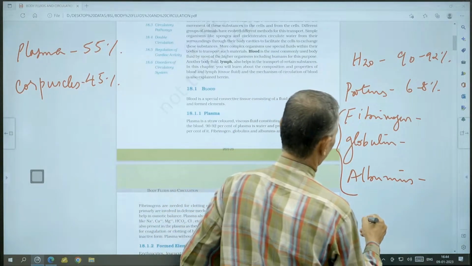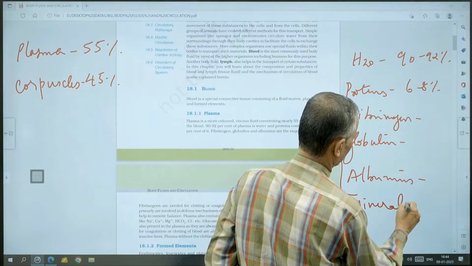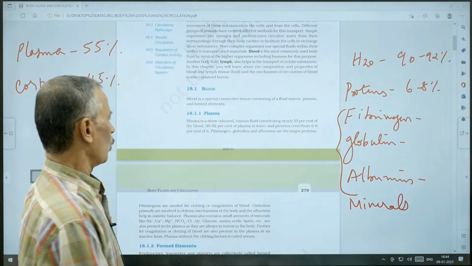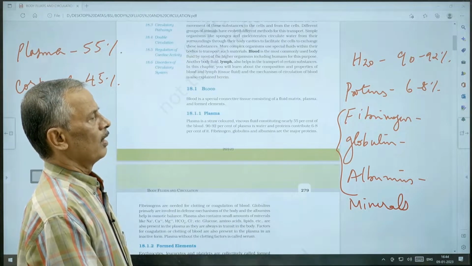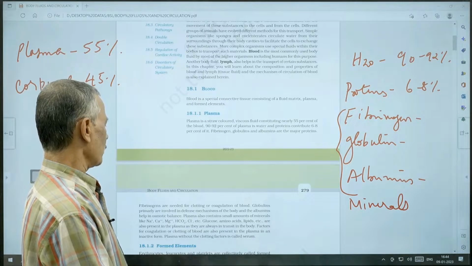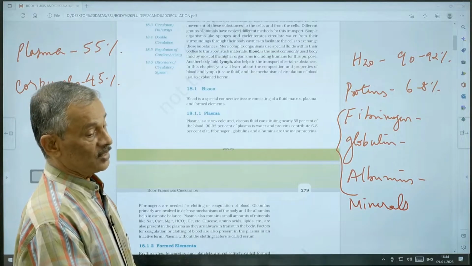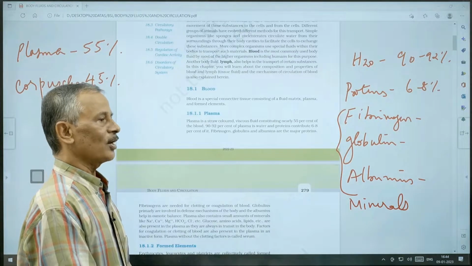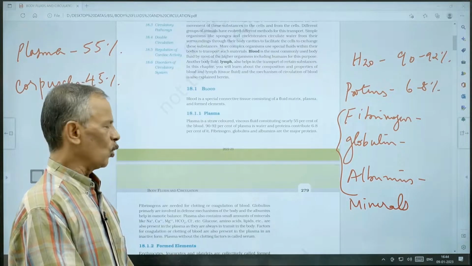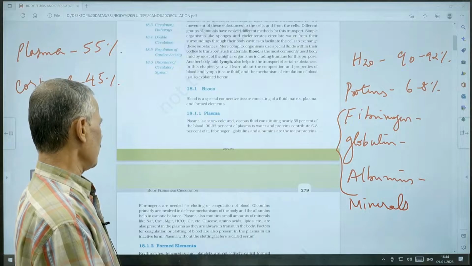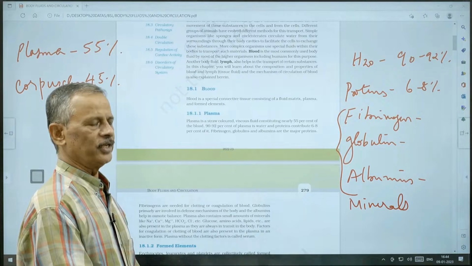Along with that, we have a large number of different types of minerals, mainly of sodium, calcium, magnesium, etc., in the form of their bicarbonates, chlorides, etc. Blood is the chief transporting agent, so it will also contain absorbed, digested materials like glucose, amino acids, lipids, etc. Also, it contains waste materials that are to be transported to the excretory organs.